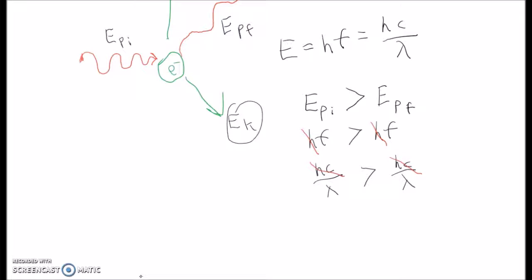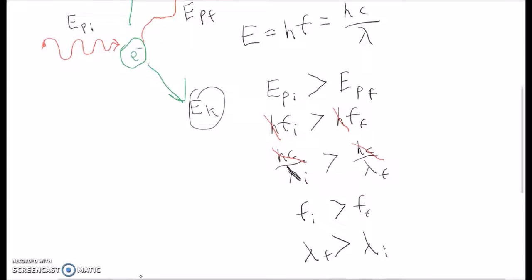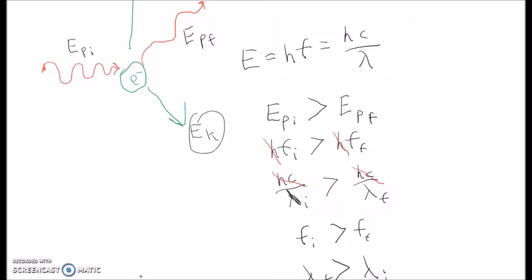So here, let's call this f_i, f_f, lambda_i, lambda_f. Now if we wrote them out again, f_i is greater than f_f, and for lambda, lambda_f is greater than lambda_i. So that's one way of looking at what's going on here.